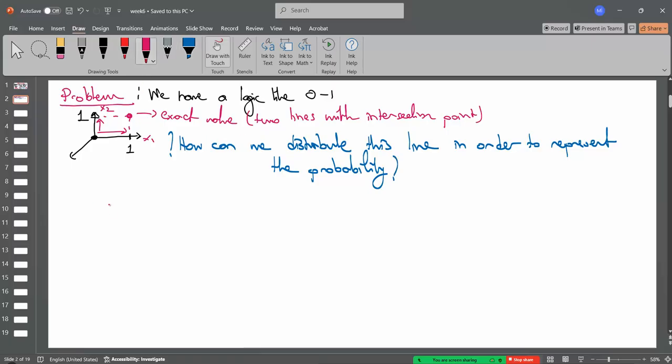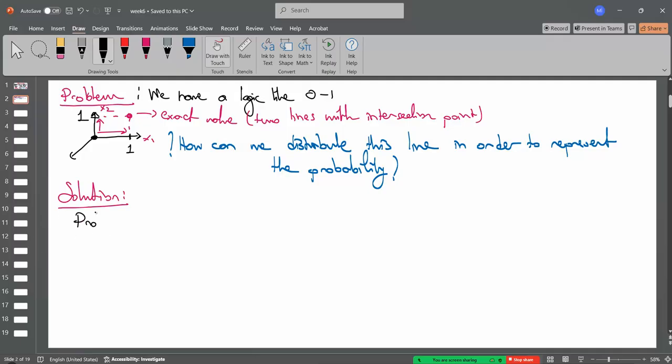And so the solution is simple. We should write the solution just like this one. Okay? And so the main problem is defined with this one.